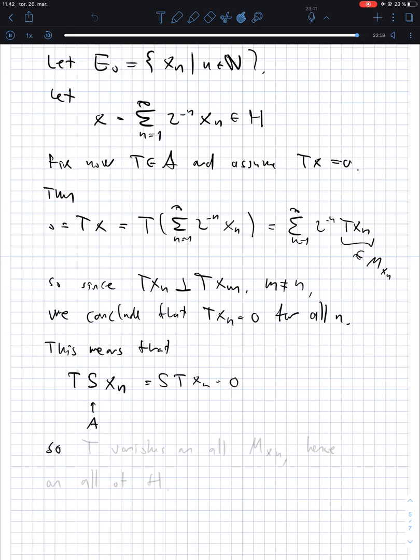So T vanishes on all the M x_n spaces, and hence on all of H. So what I've done is I have created a separating vector for any abelian subalgebra on a separable Hilbert space, and you can see it's sort of straightforward if you believe in the axiom of choice. But as we'll see later, this is a key ingredient in explaining what the abelian von Neumann algebra looks like.